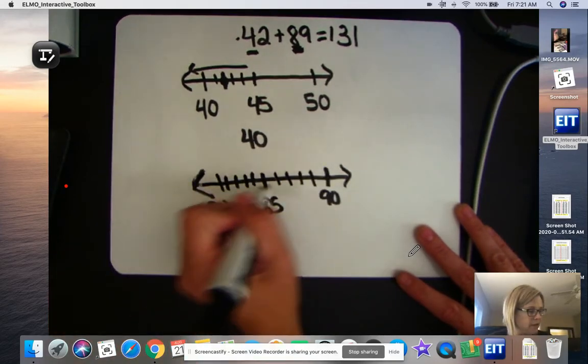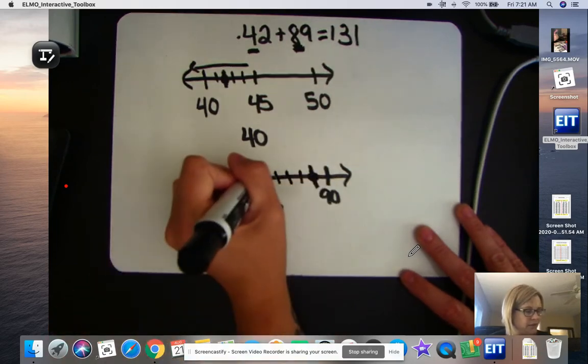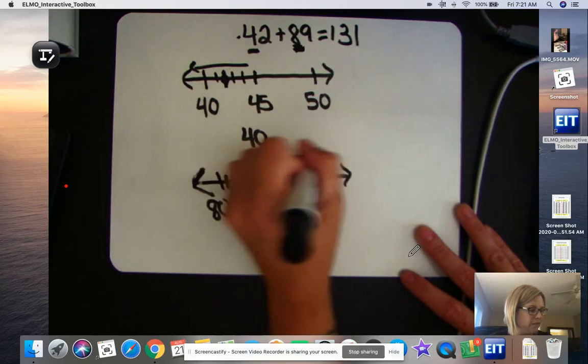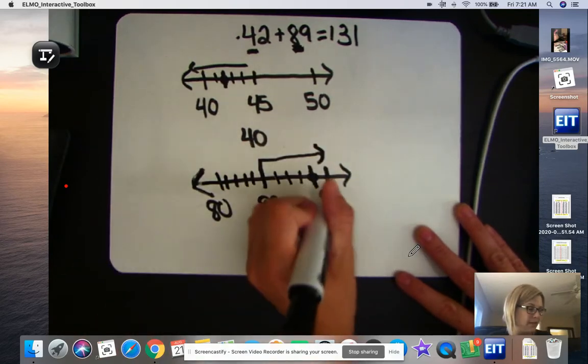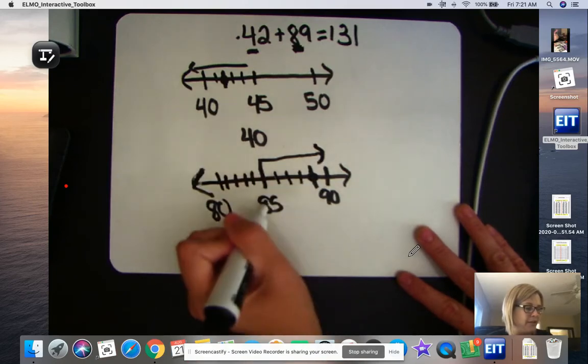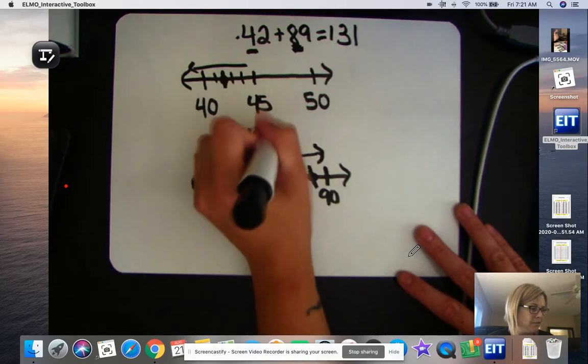So I know that 89 is going to be right here. And anything greater than 85 is going to round up to the next 10. So I know that 89 is rounded to 90.